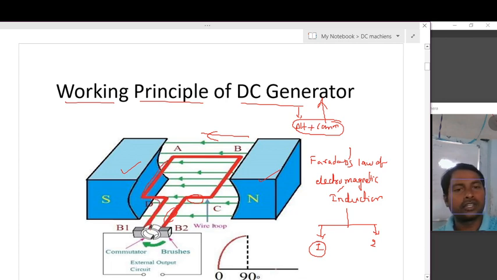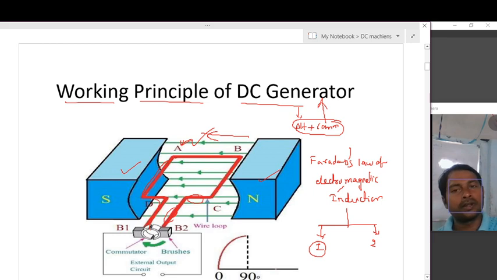Whenever the conductor cuts the flux, nothing but if you rotate this conductor or move it vertically upward and downwards, the flux will be cut by the conductor.